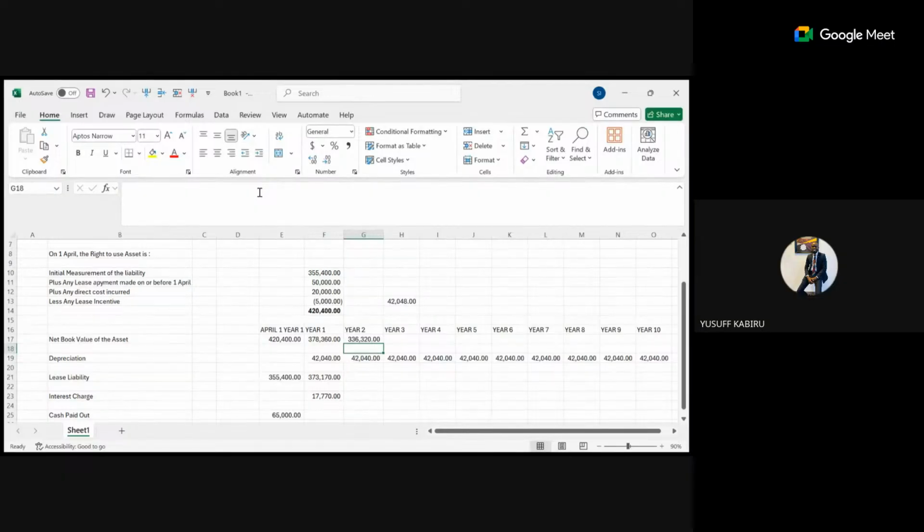So for the second year, the net book value is going to be, you deduct your depreciation from it, so that when you add the two, it's going to give you what we have at the closing of last year. So just deduct the depreciation as we did the other time.